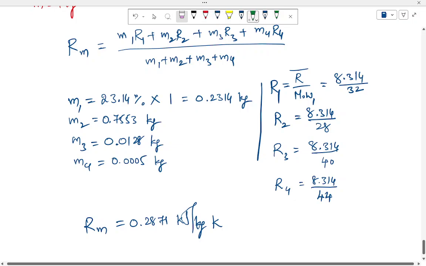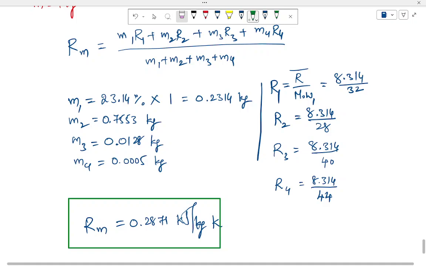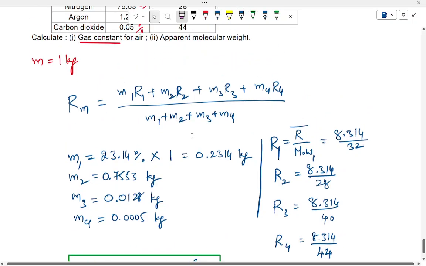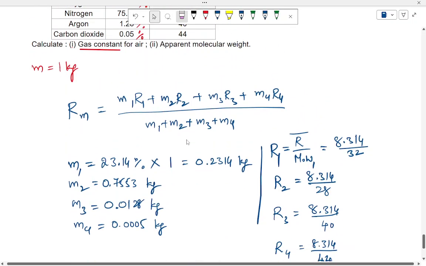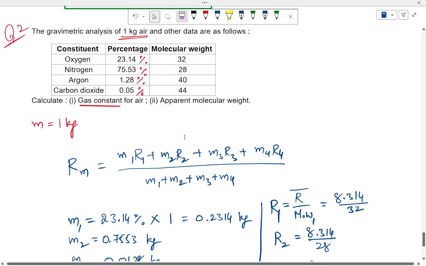Actually, this value is a very well-known value to you. It is nothing but the Cp minus Cv value, 0.287. Since this is given in a problem, you have done all this calculation, but this number is generally learned by heart by any student, so you are supposed to remember this number. Okay, and the same concept you can apply for any other mixture for calculating the gas constant of the mixture.